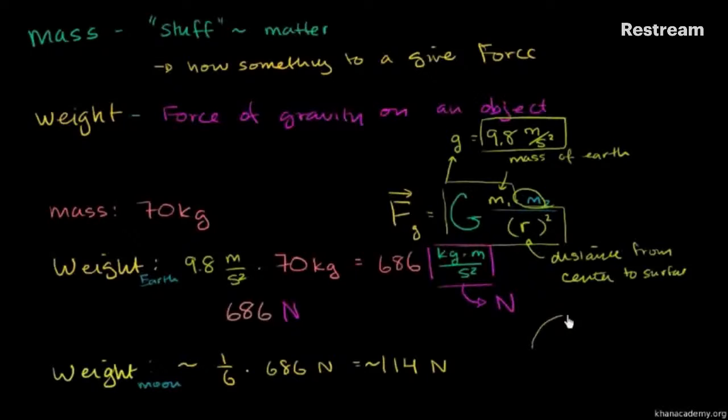your weight is actually slightly different on different parts of the Earth. If you went to the poles versus the equator, you would have a slightly different weight. Your mass does not change.